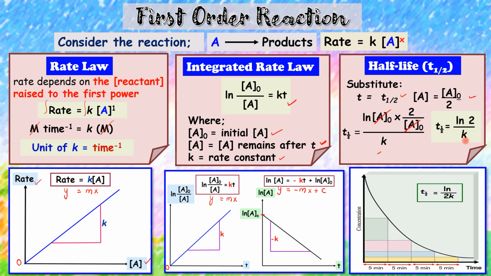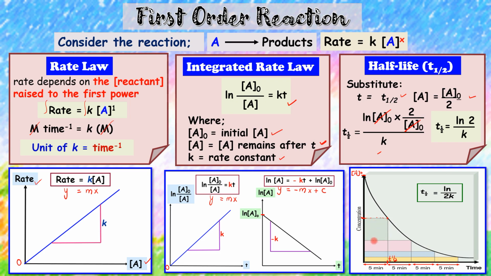When we plot a graph of concentration versus time for the half-life, we get a curve graph like this. Look at the trend. This is the initial concentration, let's say A naught. Half of the concentration of A is somewhere here, and we read the time here. This is the first t half. Let's say it takes 5 minutes.